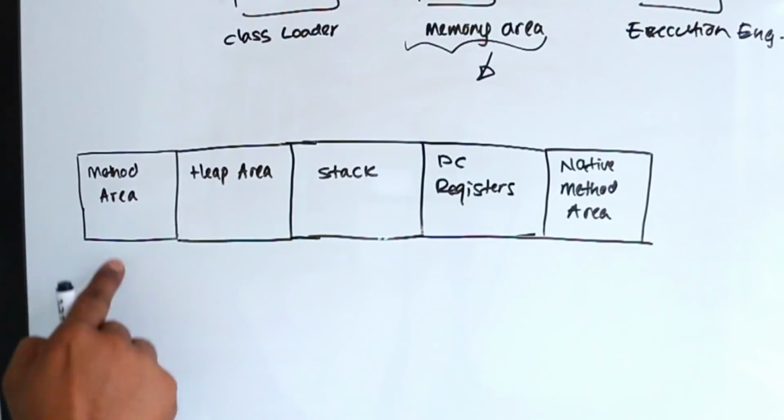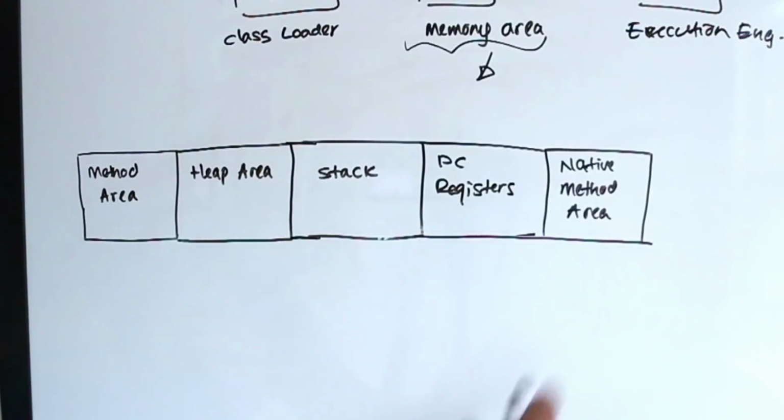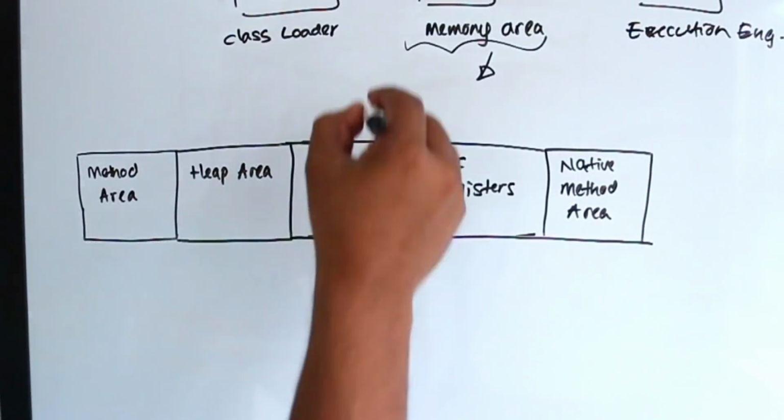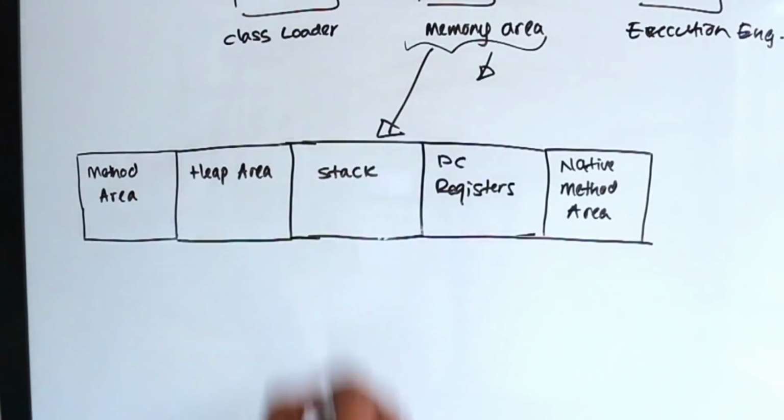So we have 1, 2, 3, 4, 5 different areas. Memory area can be divided into 5 categories.